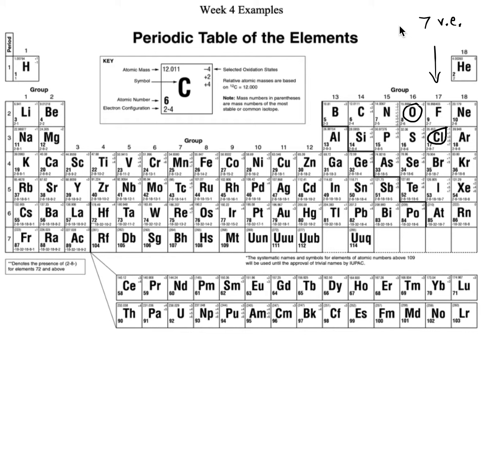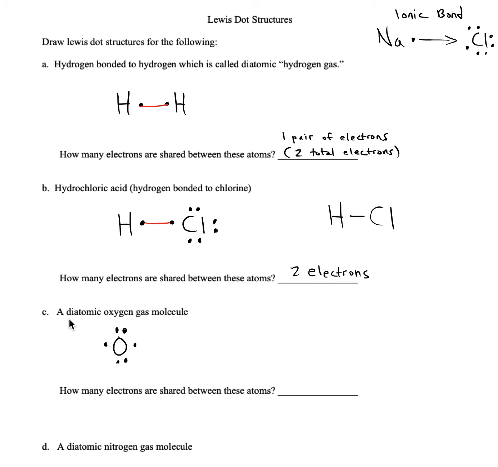Oxygen is in this column here, and all the elements in that column will have 6 valence electrons. Now, since they're talking about a diatomic oxygen gas molecule, they are talking about having 2 oxygens bonded to each other.